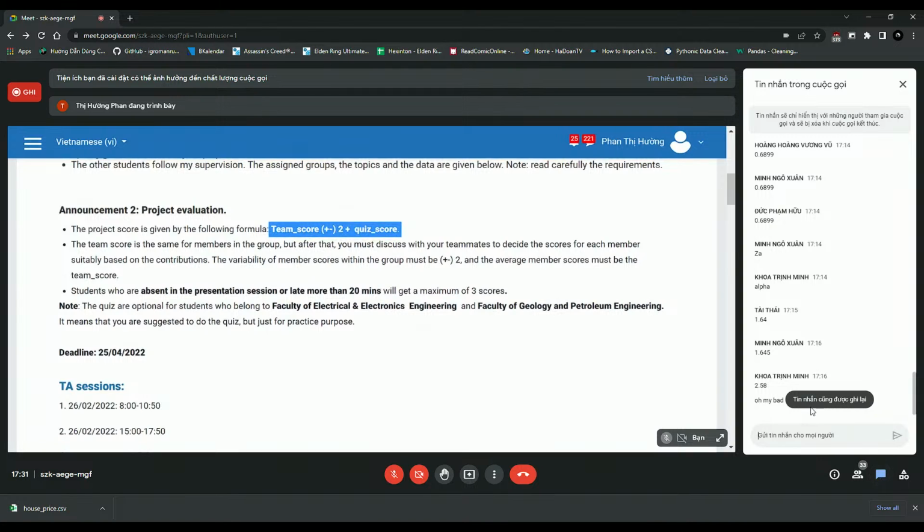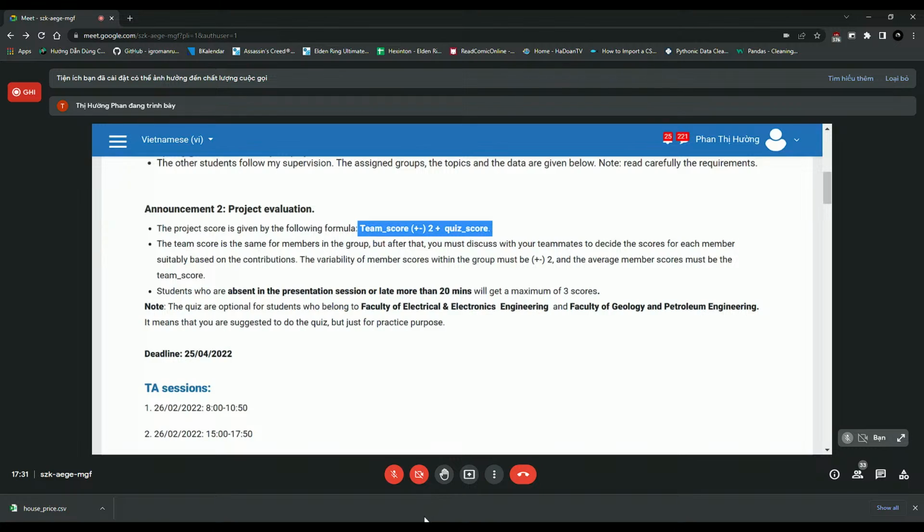Okay. We already have the quiz for chapter 1 to chapter 3. And in the next few weeks, you will get the scores for the later chapters. The quiz score accounts for 10 percent. It means that 1 point is for the quiz and 9 points for the teamwork project team score.